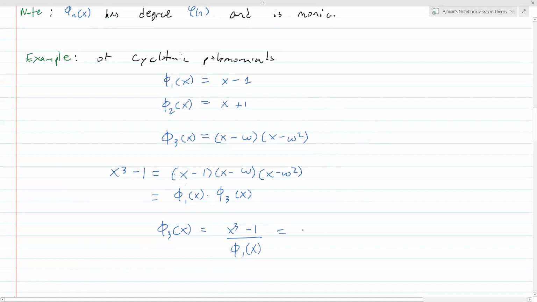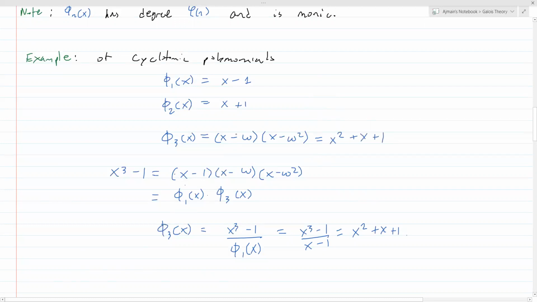In other words, it's x cubed minus 1 over x minus 1. So this is a way to write the third cyclotomic polynomial. Using long division of polynomials, you can see that this is equal to x squared plus x plus 1.